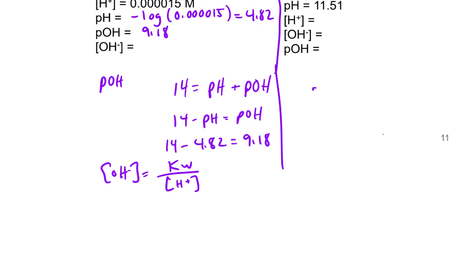Okay. Most of you tried it this way, or we're getting there? No? Okay, that's fine. We'll have 1 times 10 to the minus 14 as our Kw, divided by our H plus concentration, and we would end up with an OH minus concentration of 6.7 times 10 to the minus 10.